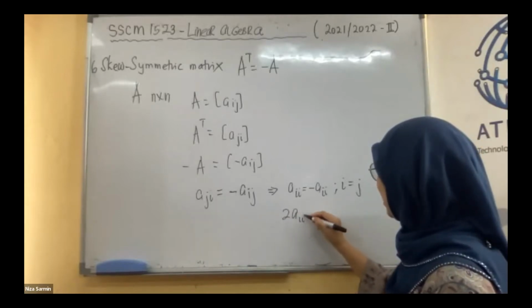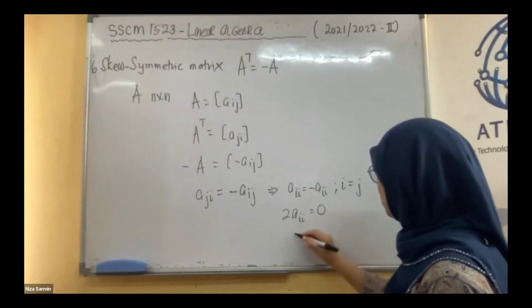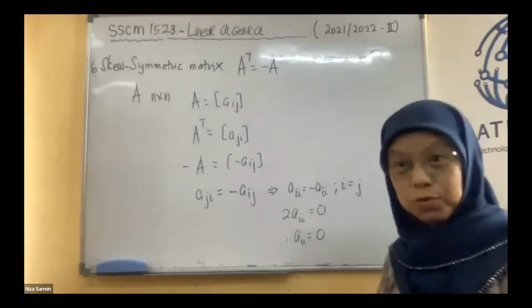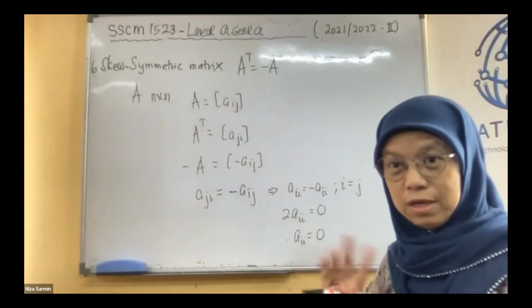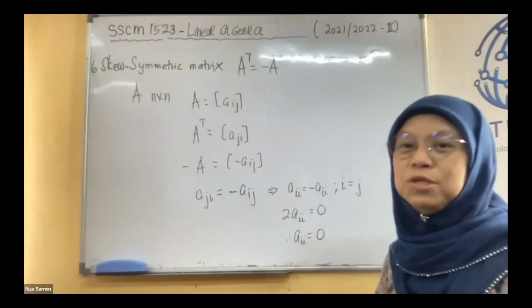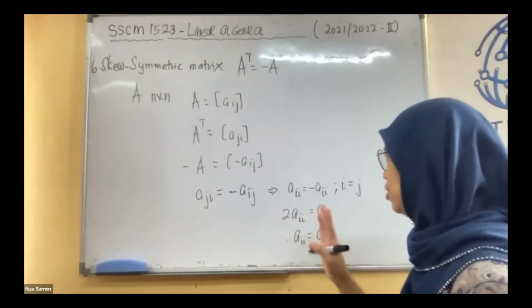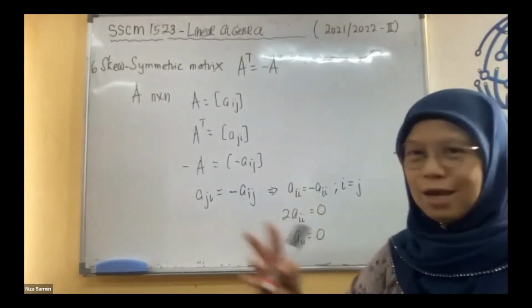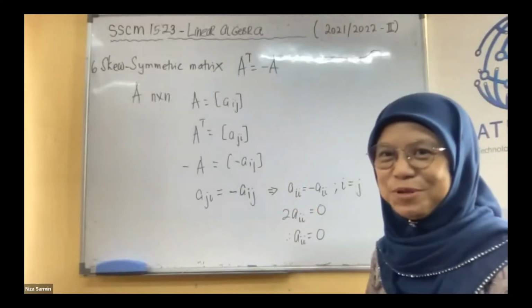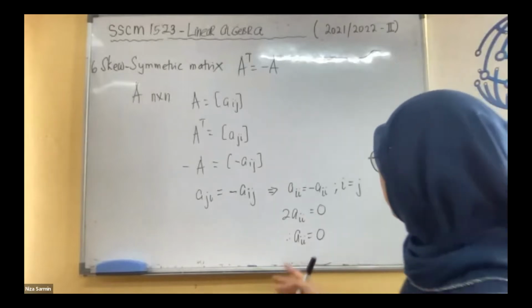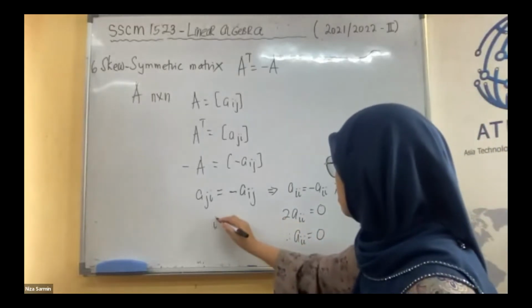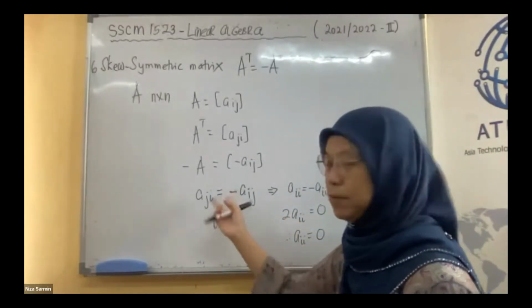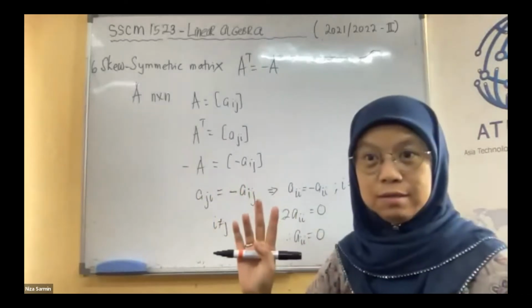Two Aii is 0, so Aii is 0. When the case i is j, it has to be 0. Otherwise, you will not get Aii equal to negative Aii. Impossible, right? If i is not j, then it has to be the negative of each other.